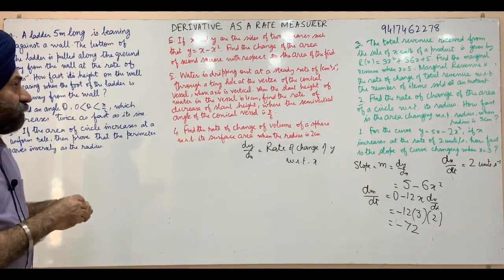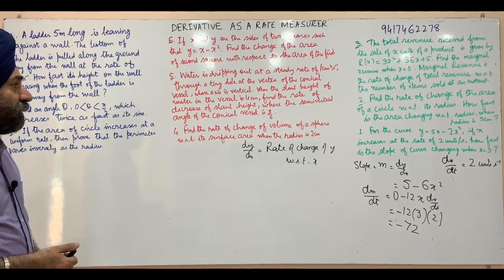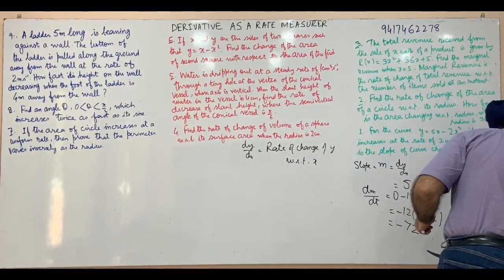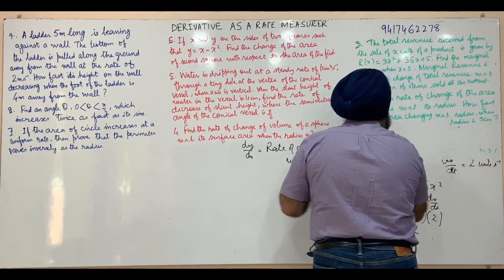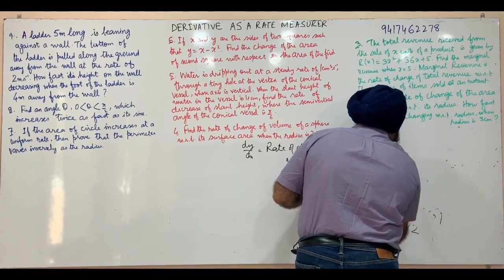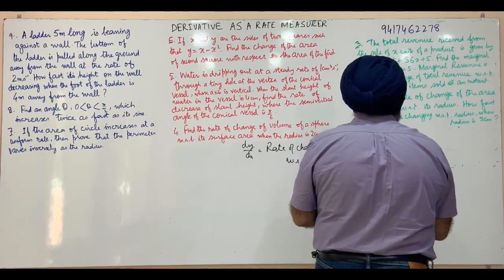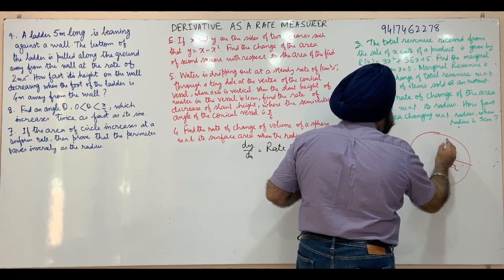The next one, we have to find the rate of change of area of a circle with respect to its radius. Let's say this is the circle, and the radius of the circle is r.